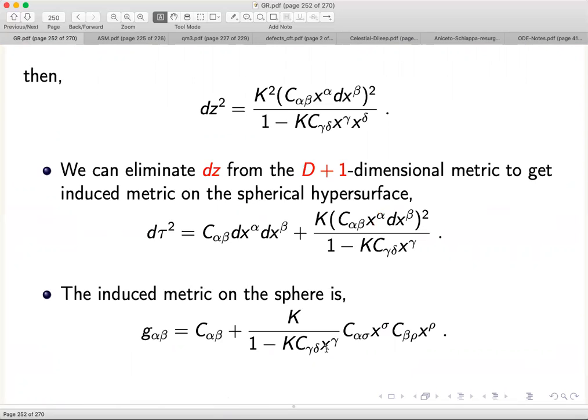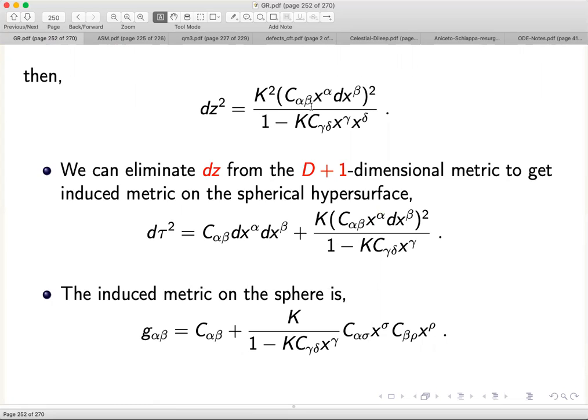Sir, there is a small typo in C alpha beta. If you see the second term, C alpha beta, dx alpha, dx beta. Yeah, here as well and downstairs as well. This one? No, no, this is squared, no? See, this quantity is squared.